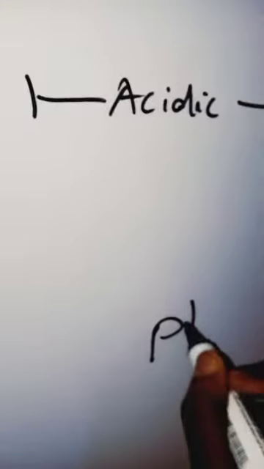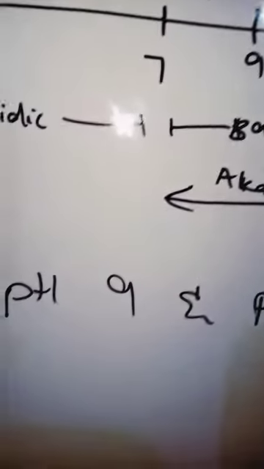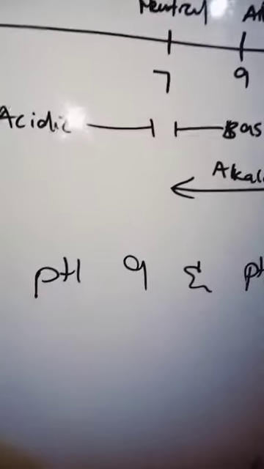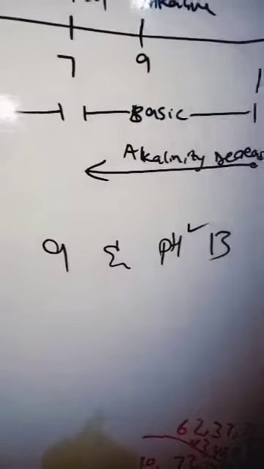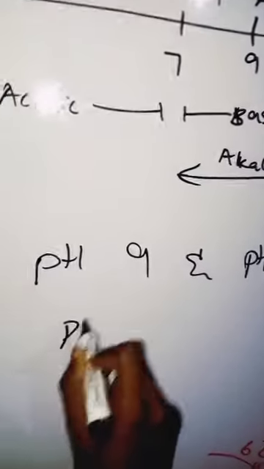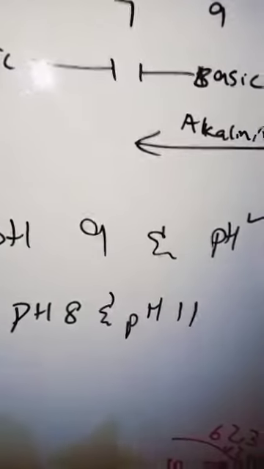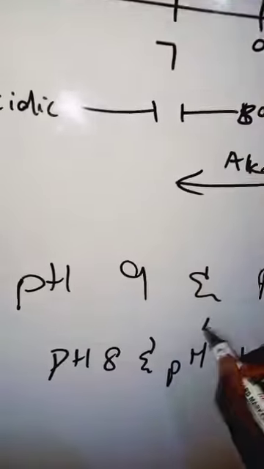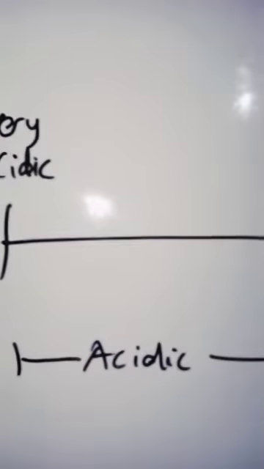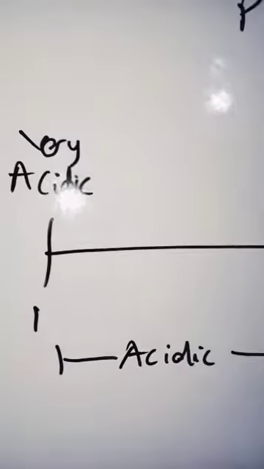So if you have a solution of pH 9 and a solution of pH 13, which one will be more basic? This. Do you get it? We have another solution of pH 8 and another of pH 11. Which one is more basic? This. So master that.